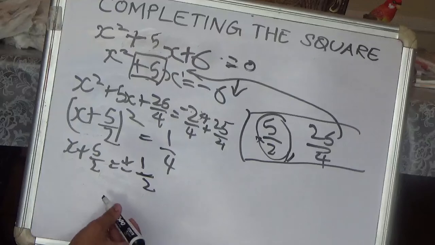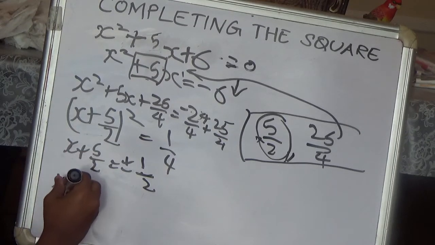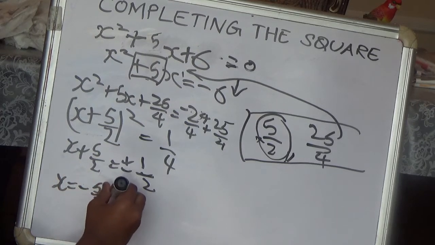Now finally, isolate x. x equals -5 over 2 plus or minus 1 over 2.